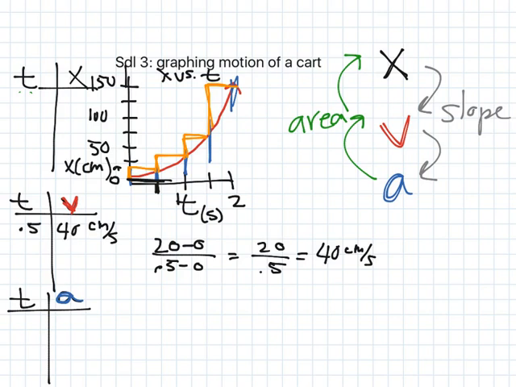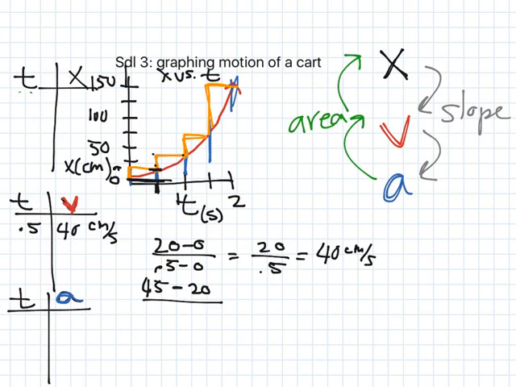Then you're going to take your next one. However, remember, we're not starting at 0 anymore. We are now starting at the 20 mark, going up to about 40, 45.